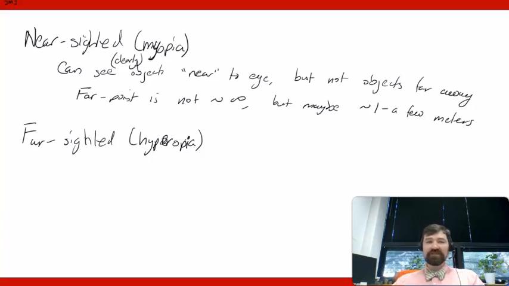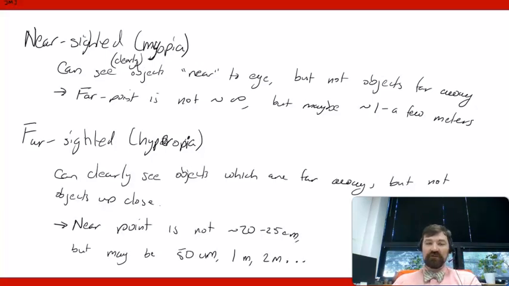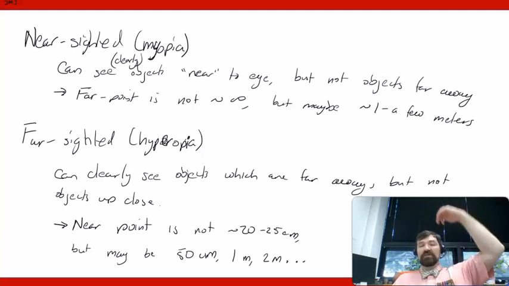And if you're farsighted, your near point has shifted to somewhere farther away than the ideal 20 to 25 centimeters, or shorter for younger people. So your near point may be 50 centimeters, which is not too terrible, but not great. It could be a meter away, 2 meters away, a few meters away, etc. And so you need to correct that.